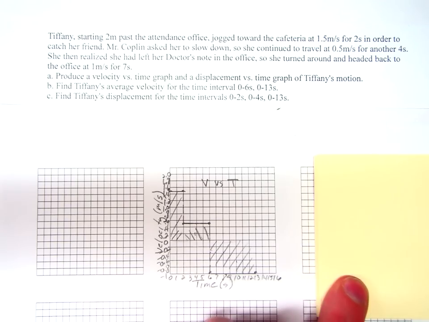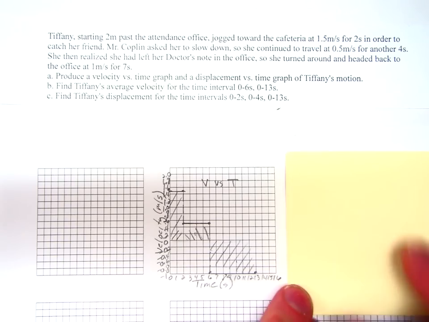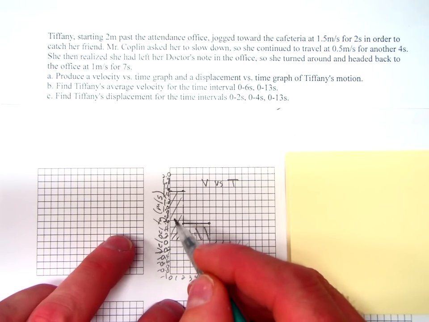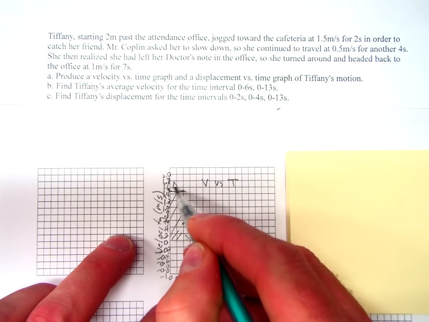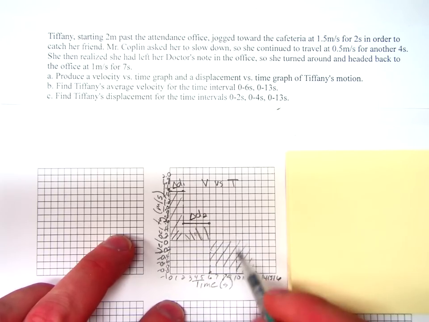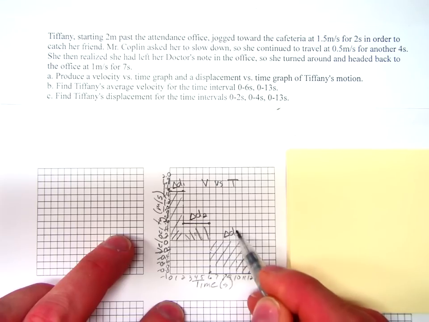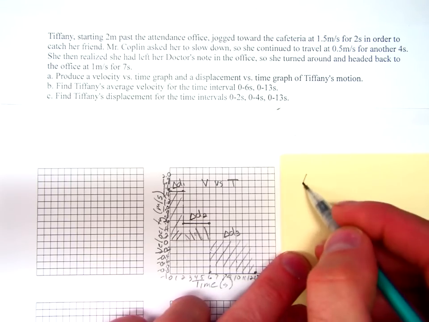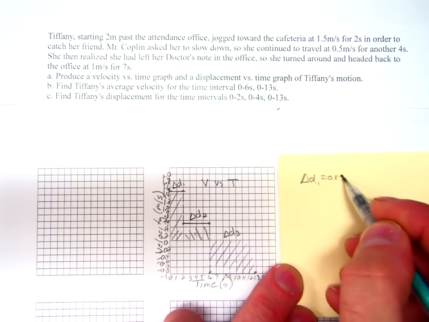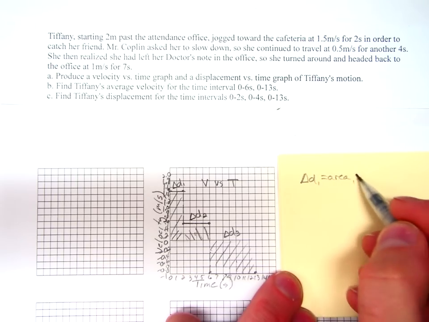And I'm going to do that just on another piece of paper. So I'm going to label this delta D1. This one's going to be delta D2, and this one's going to be delta D3. And delta D1 is the area of rectangle 1.